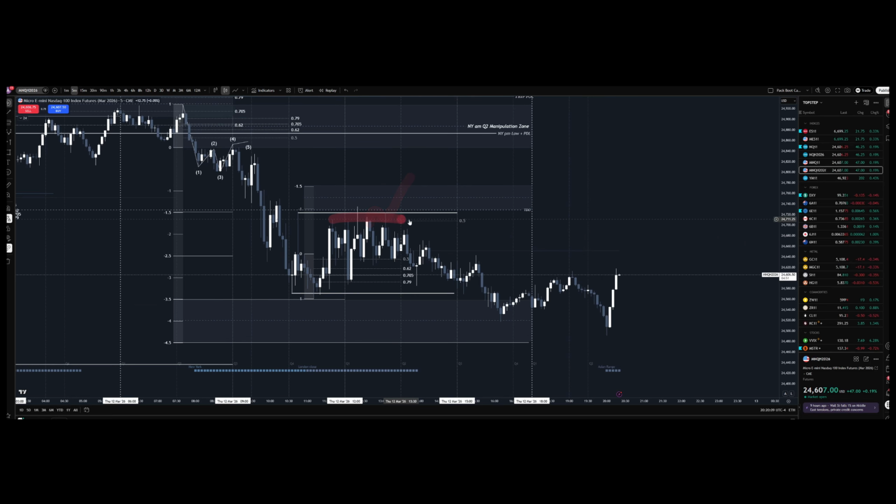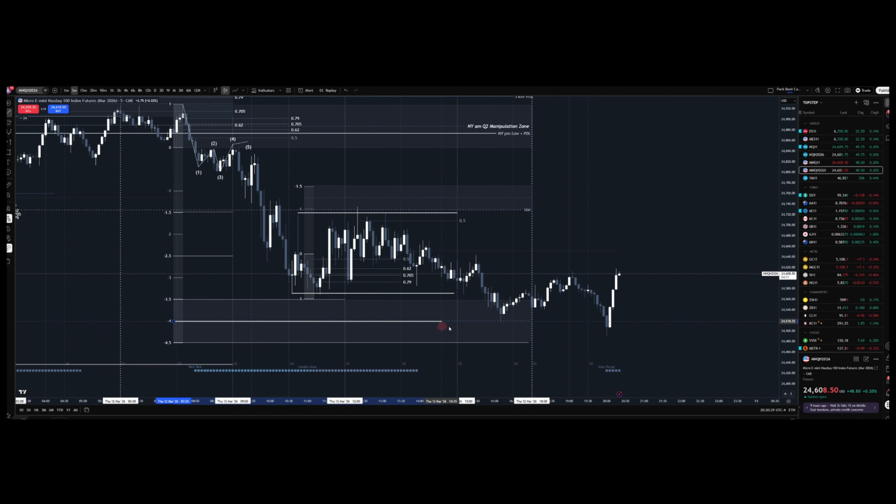So very nice respect there. And then we can target the low and then the range low as well, which we can see comes back nicely here. Down to SD4. Oops, didn't draw that very well. Finishing off the leg of the day.